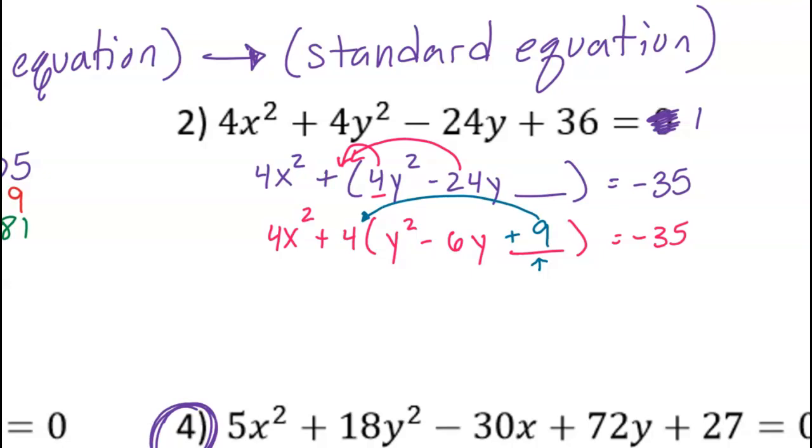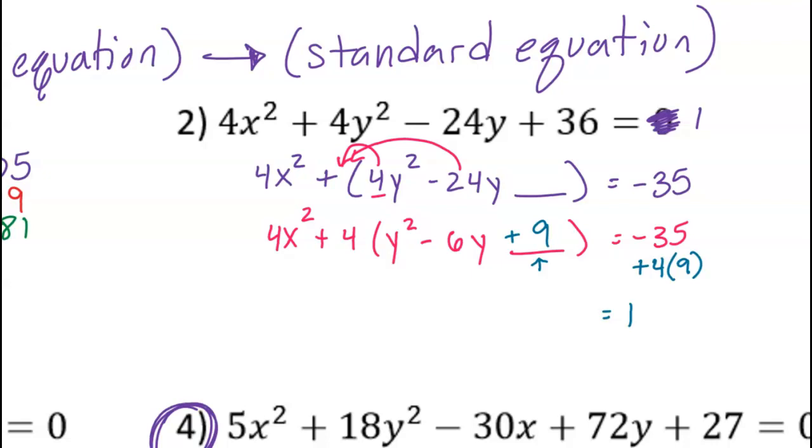That 9 is being multiplied by 4. So what I'm going to do instead is add in that 4 times 9, which is 36. Negative 35 plus 36 is 1.